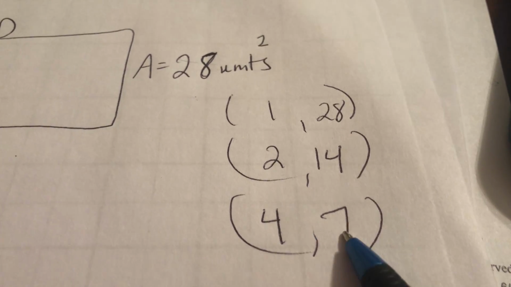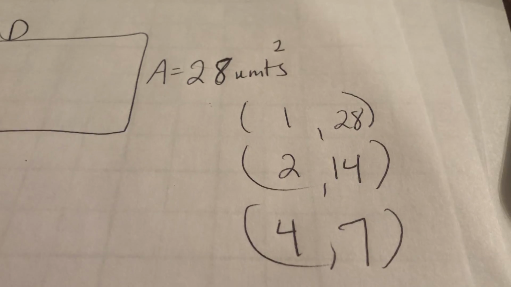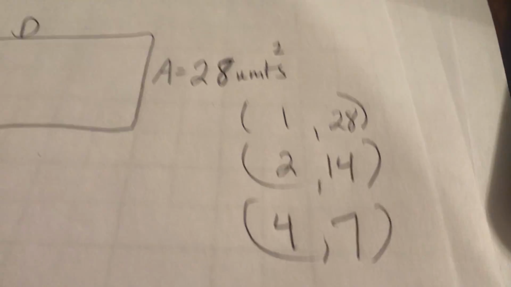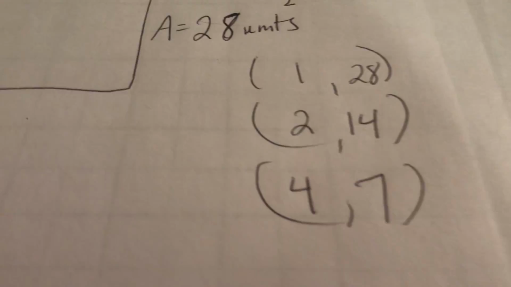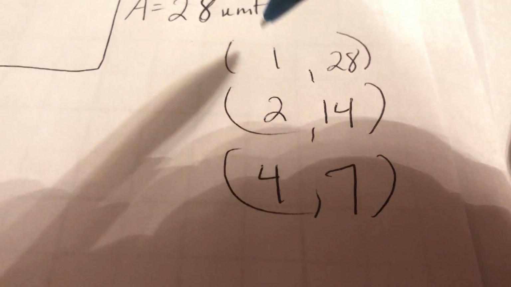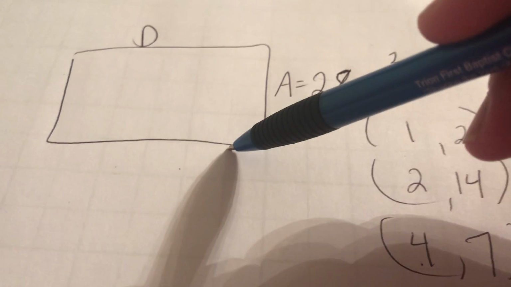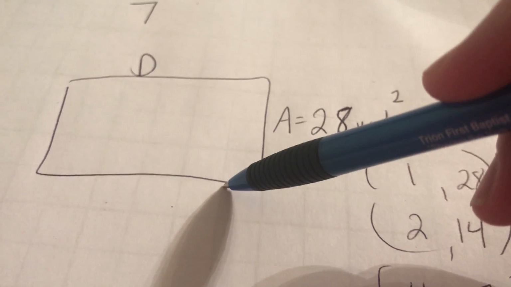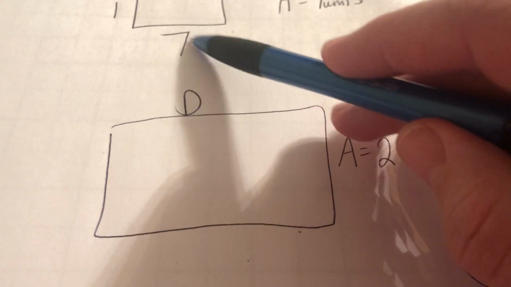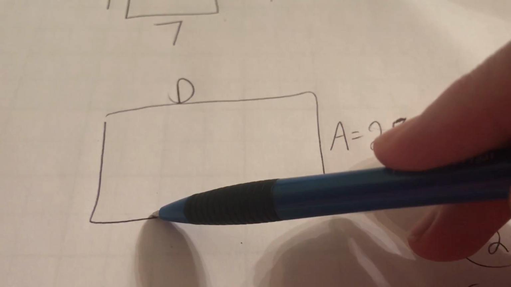And we have 4 times 7 that multiplies to get 28. So which set of these factors could I put onto the rectangle, such that I could have scaled the first set of dimensions to get those?